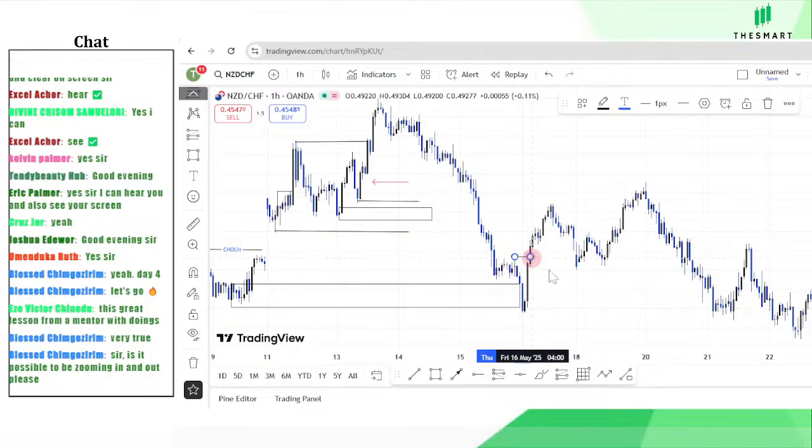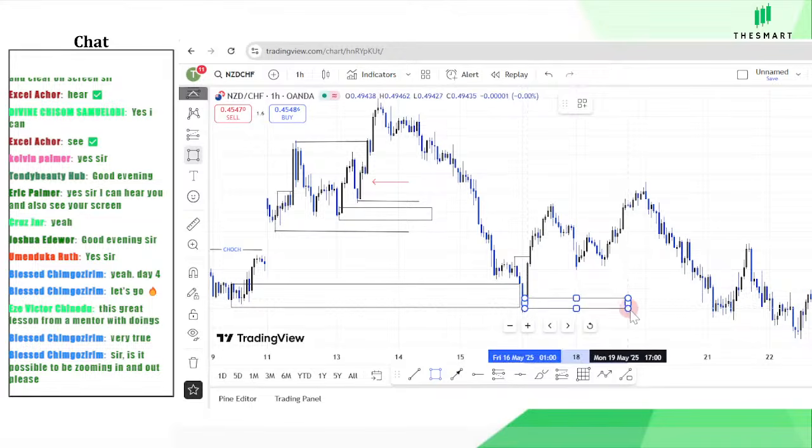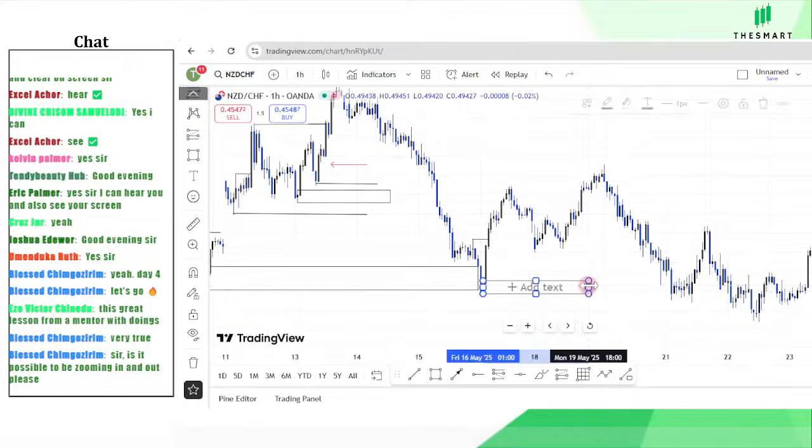After having this change of character, we now have this order block sitting here. Sorry, I think I didn't give out something. Maybe I will state that when we are taking the second example. So the price gave us a new order block at this point.